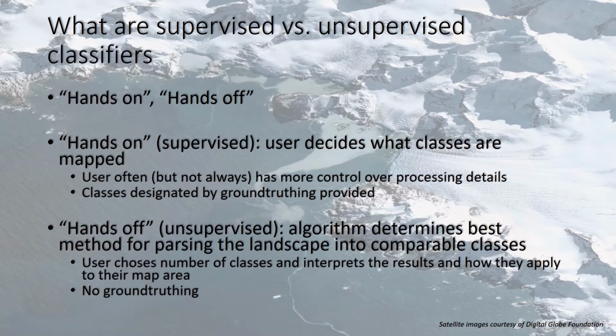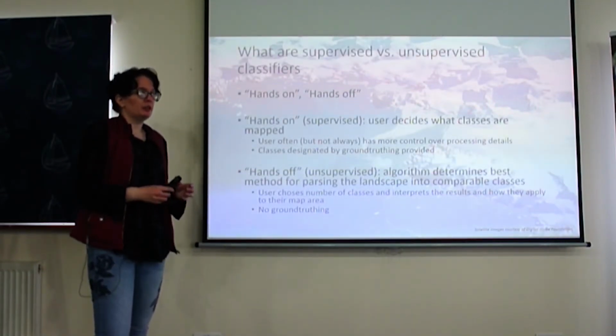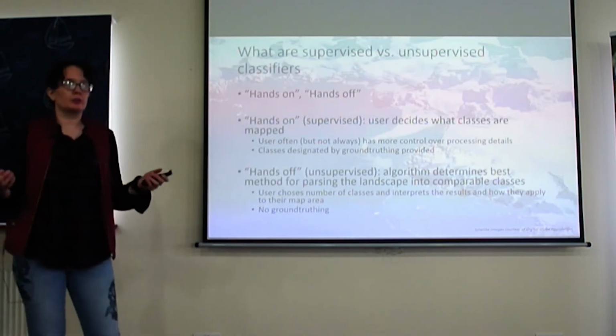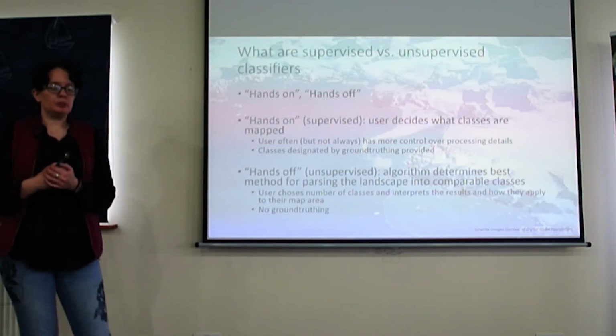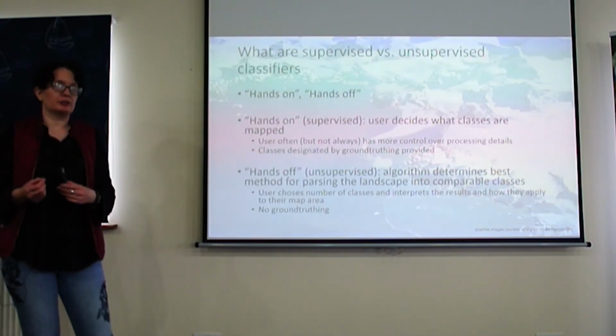But I don't want to give the impression that unsupervised classification doesn't have its worth. Guar mentioned that the segmentation, just drawing shapes from the imagery, is similar to unsupervised classification. What's nice is that you're letting the program take control a little bit, so you're less likely to bias the results.